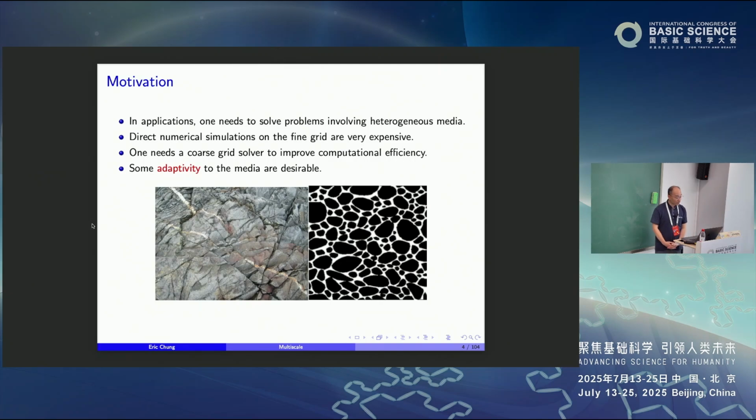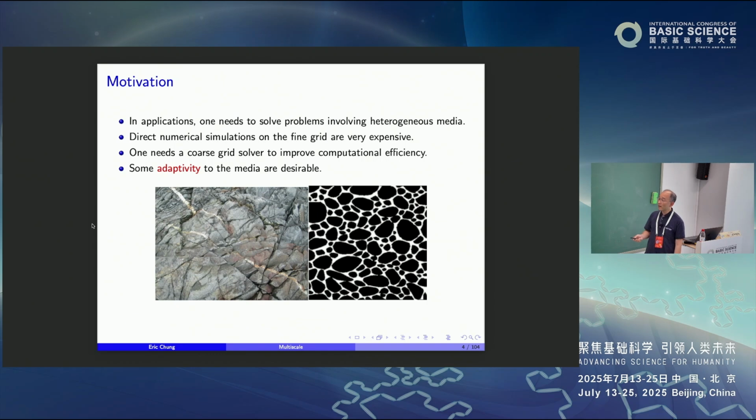So this is the motivation of our research. In many applications, one has to solve problems that involve heterogeneous media. For example, in porous media flow applications, we have to solve flow equations for this type of media. As you can see, it contains a lot of different structures.